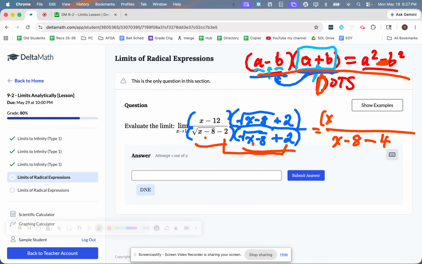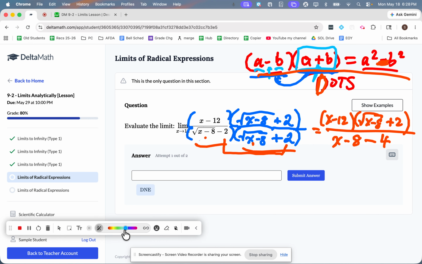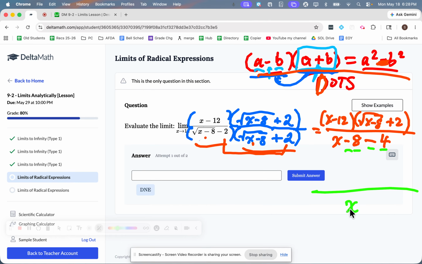And the top, I'm going to leave as this kind of crazy, nasty looking thing for now, okay? But look at the bottom of this expression, x minus 8 minus 4. Let me do a rewrite. x minus 12.